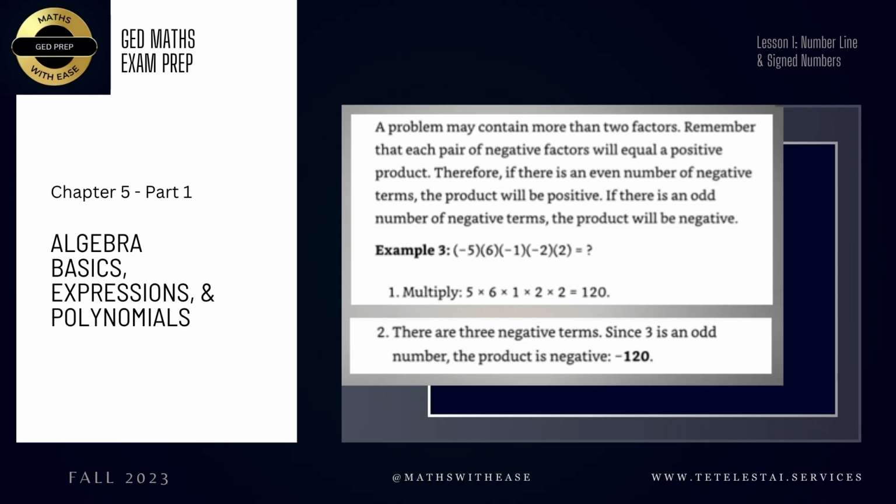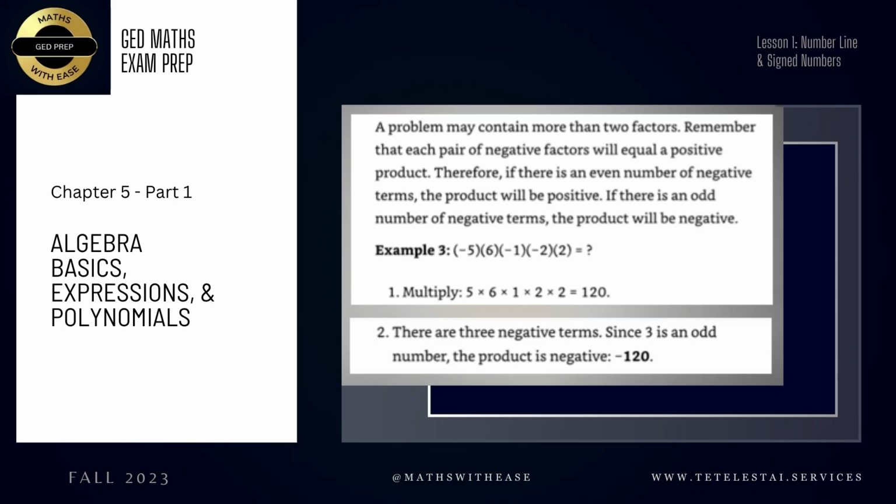Then you count the number of negative terms: 5 numbers, but 3 negative terms, -5, -1, and -2. 3 is an odd number, so your answer is going to be negative. What you need to be counting is the number of negative terms, not the sequence of numbers itself.